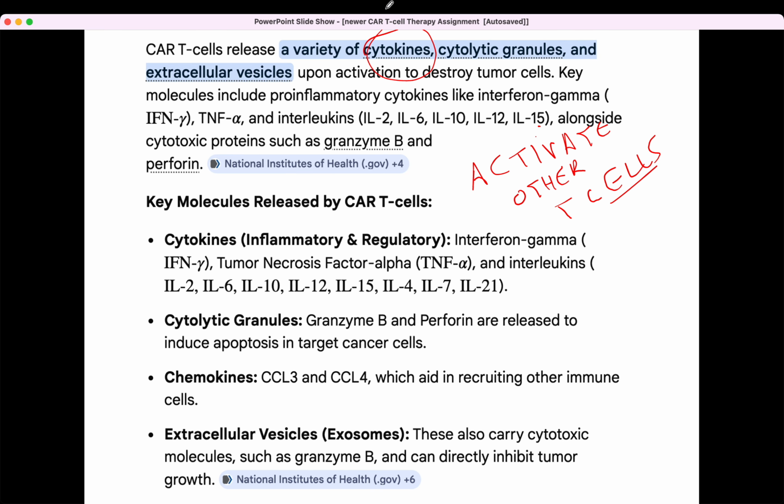Those are just a general name for secreted signaling factors that activate and regulate the immune system. We don't need to learn that term, but we want to learn the term that this CAR T cell is ready right now to release molecules to help other immune system cells, T cells, get involved in this fight.